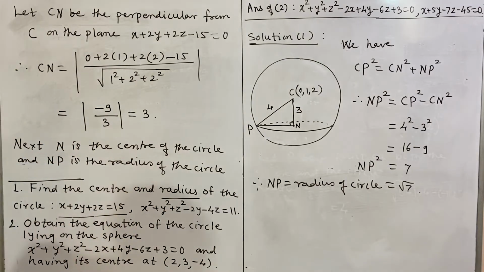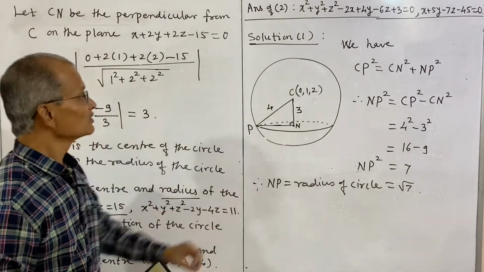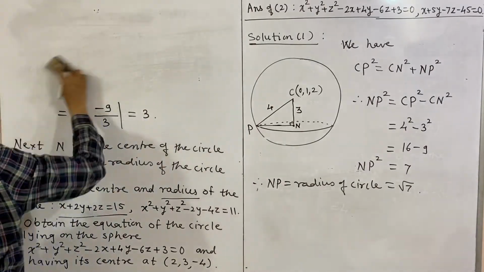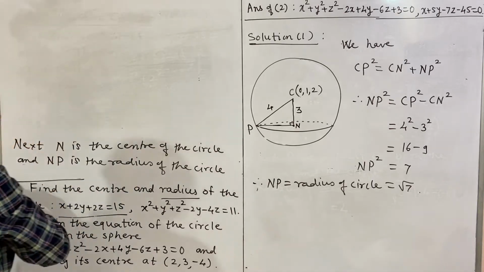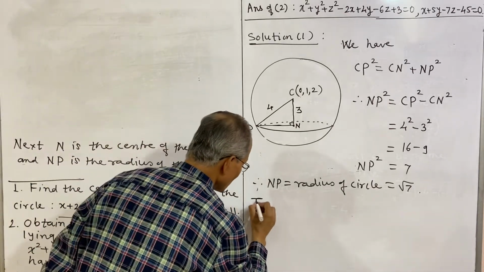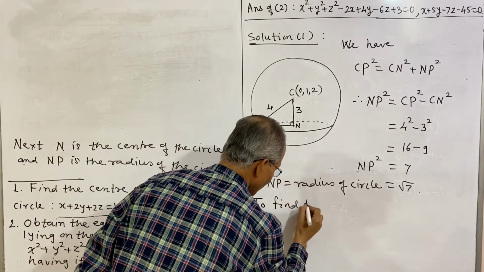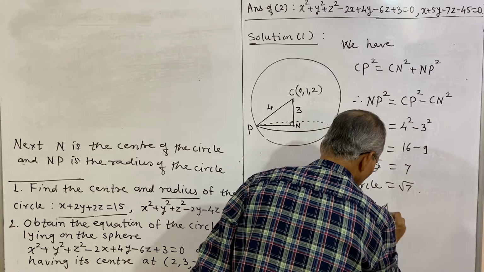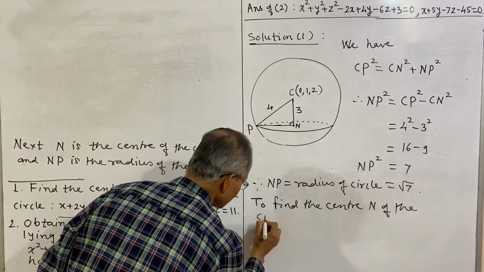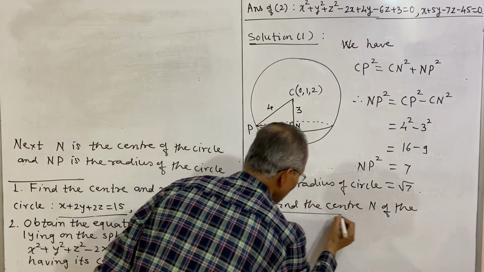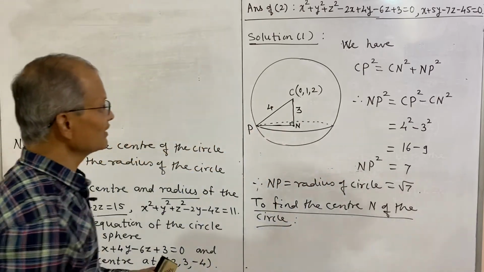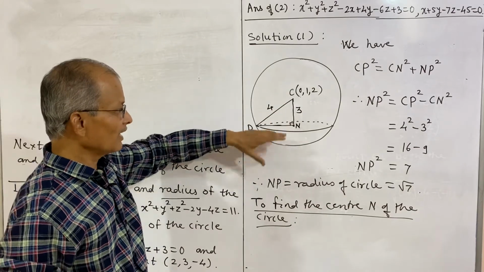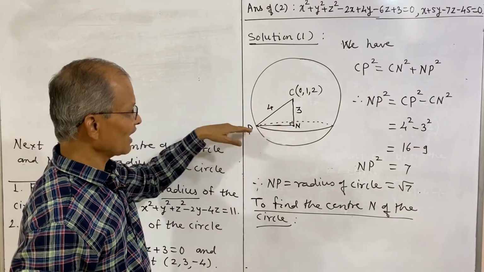Now to find the center of the circle, which is n. So to find the center n of the circle, we write the equation of the Cn line, and then we take the intersection of Cn and the plane.